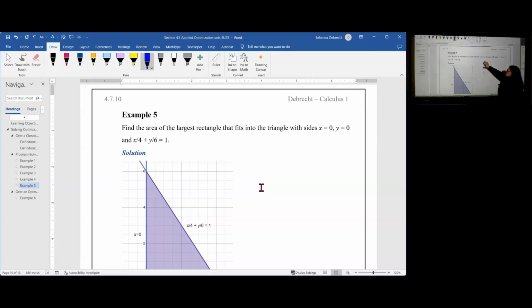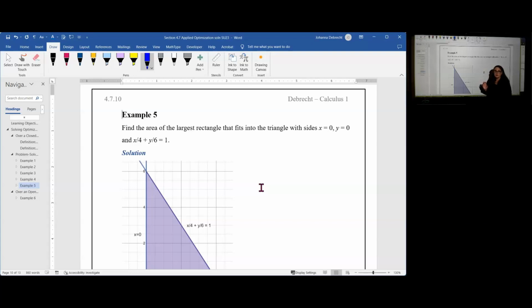In this problem, we want to find the area of the largest rectangle that fits into the triangle with sides x equals 0, y equals 0, and the line x divided by 4 plus y divided by 6 equals 1.